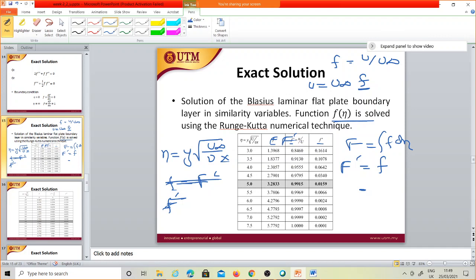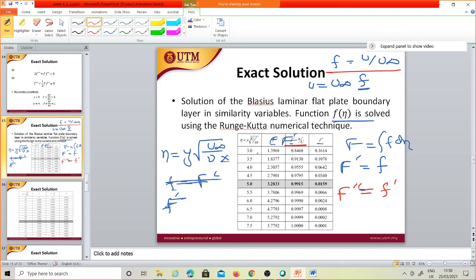So this column is very important. It represents F prime. Capital F prime means small f, small f means u by u infinity, which means the velocity ratio. And this one is F double prime.